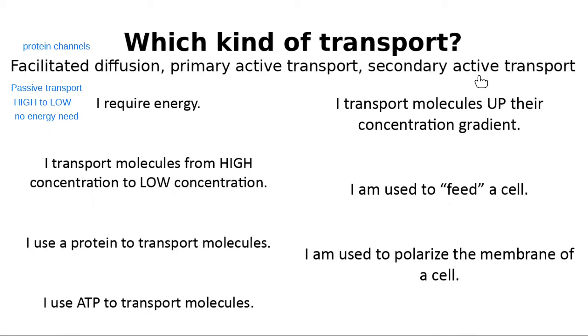And remember, whenever you see active transport, you should be thinking energy required. So when we talk about who requires energy, that's going to be primary and secondary active transport. Their name tells us that. If you're a form of active transport, you take energy.